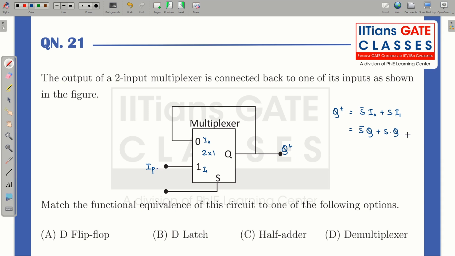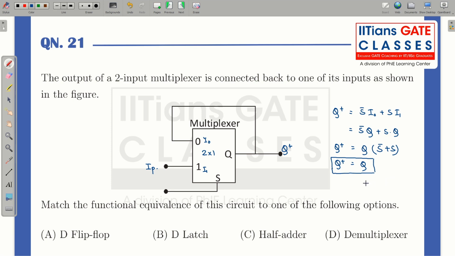Now if I solve this, you can see Q plus is equal to, if I take Q common, S complement plus S. Now you might be thinking that this is a floating input, but it's not. Whatever input you give, when S is equal to 1, it will be directly transmitted to your output. So this Q plus comes out to be Q. So now you can see this is kind of D.